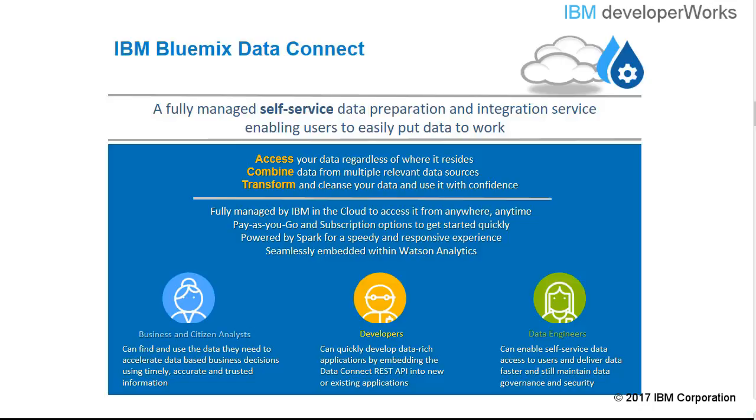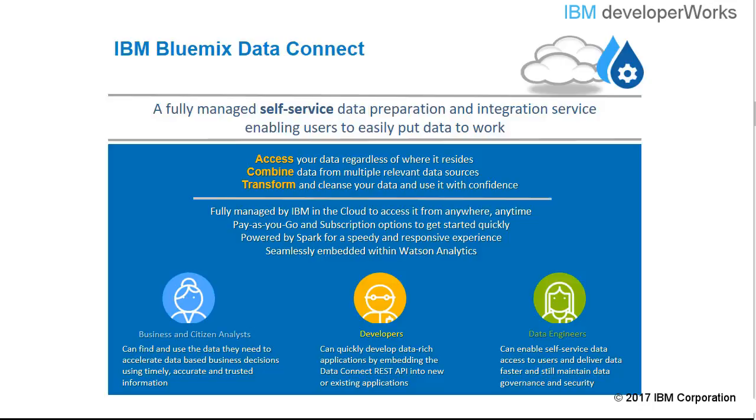Data Connect benefits a variety of different users in different ways. For example, business and citizen analysts can find and use the data that they need to make their business decisions using data that's both accurate and trusted.